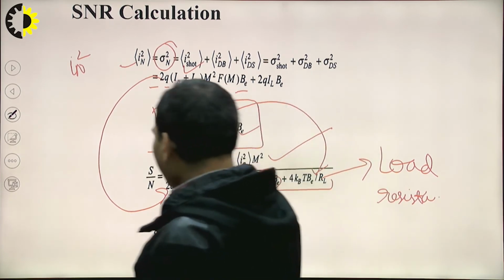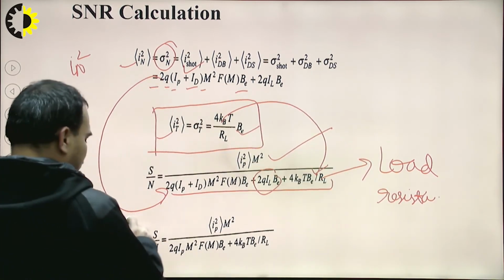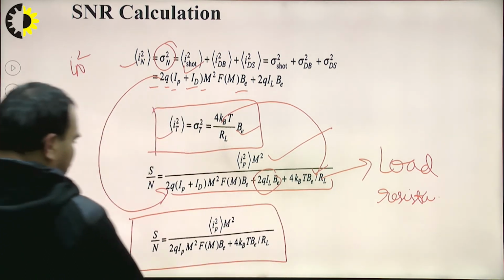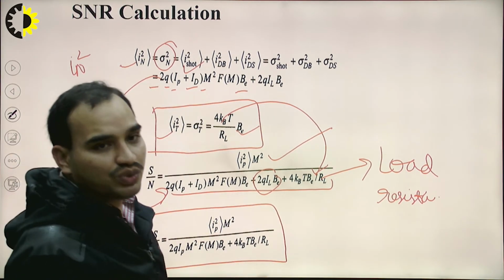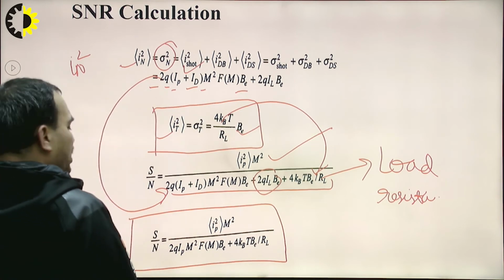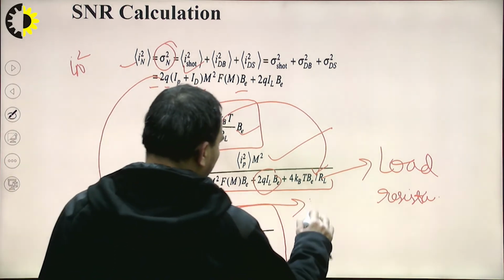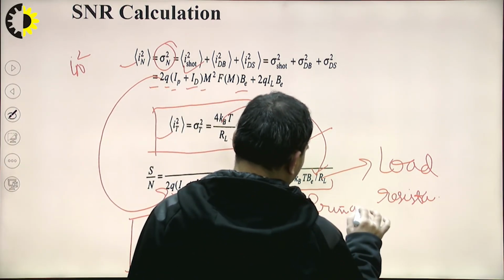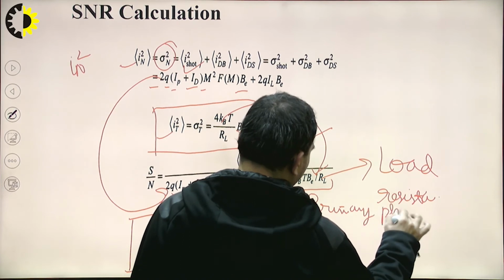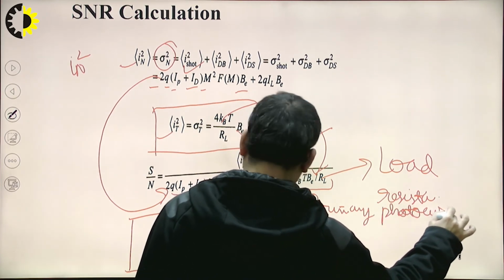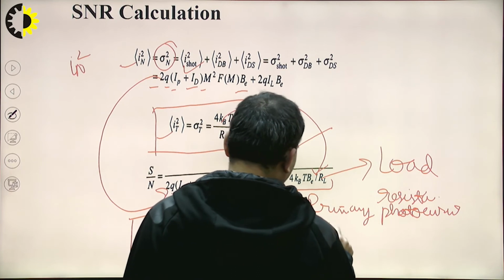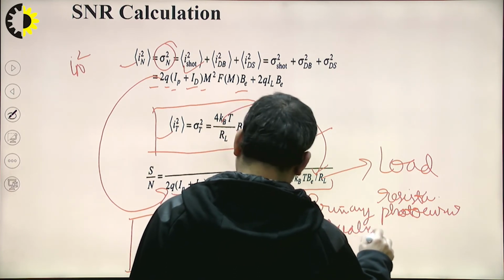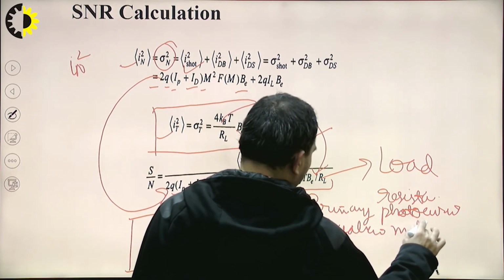Now the signal to noise ratio is further simplified as IP square M square. IP square is the primary photocurrent, and M square is the avalanche multiplication.